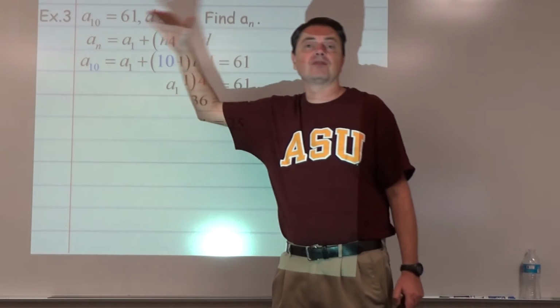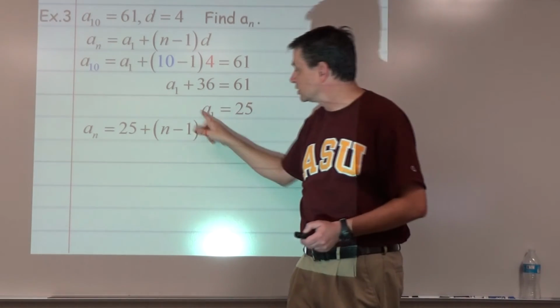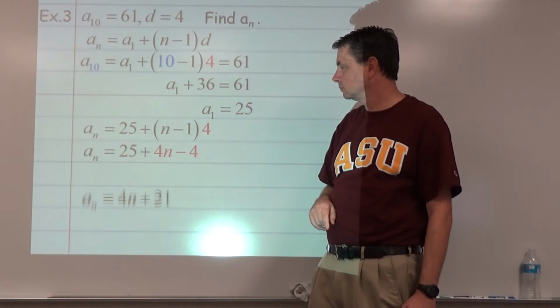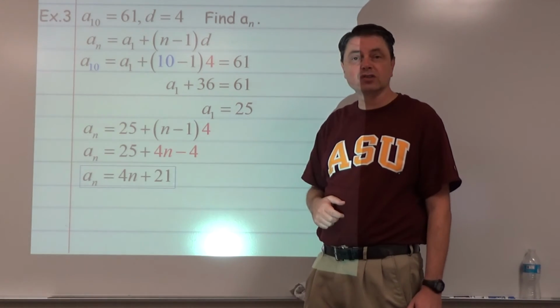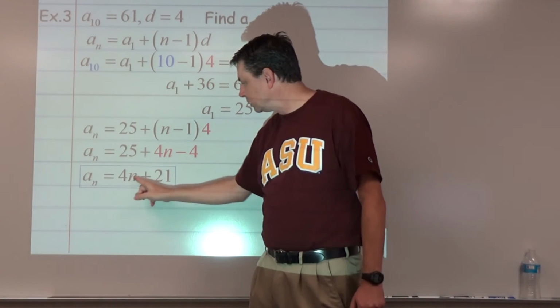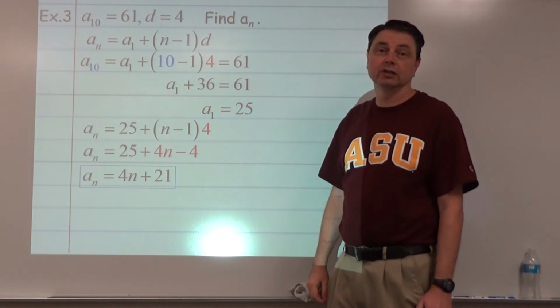We're going back to just finding a sub n. So all we got to do is distribute and combine like terms. a sub n equals 4n plus 21. Let's give it a check. Plug in a 10. 4 times 10 plus 21 is 61. Should be good.